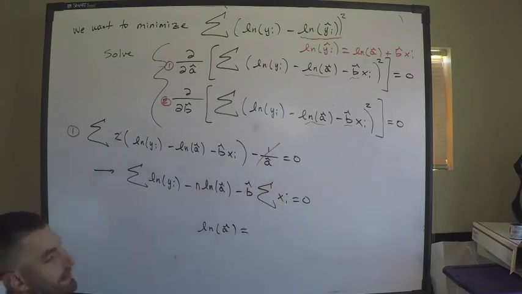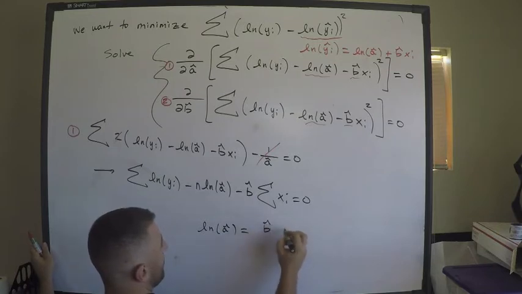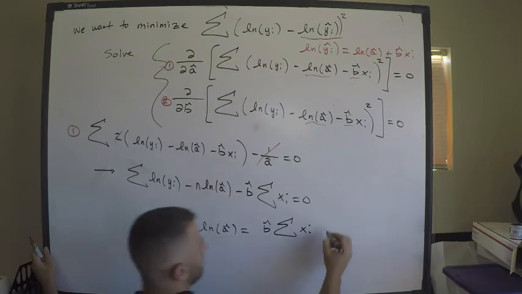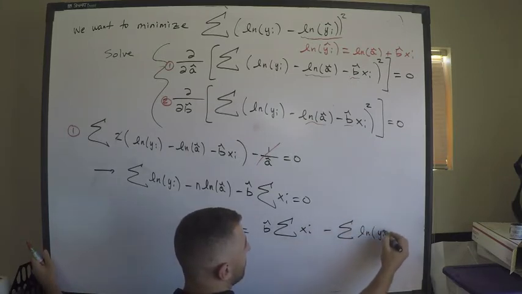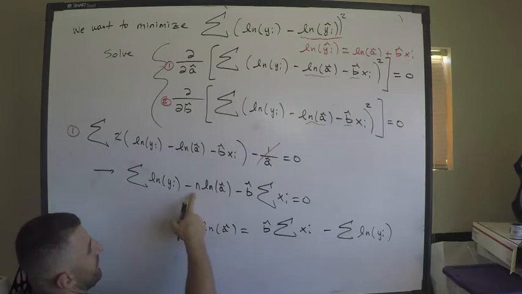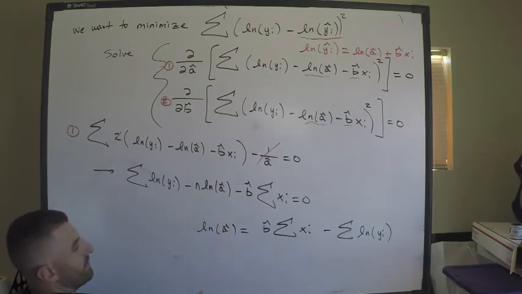Bring everything to the right-hand side and then divide by negative n. So what I get here is b hat times the sum of xi, and then minus the sum of ln yi, and then I need to divide by this negative n. So actually, let me do this.